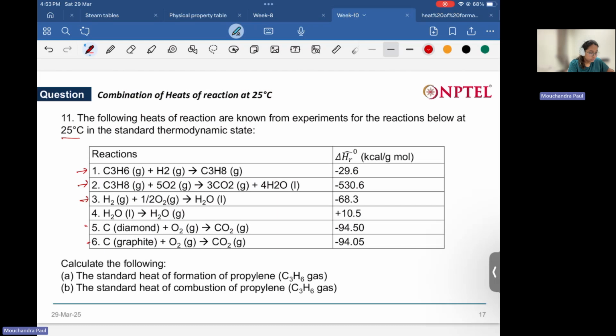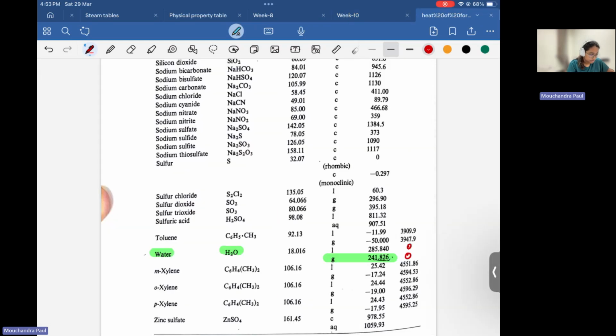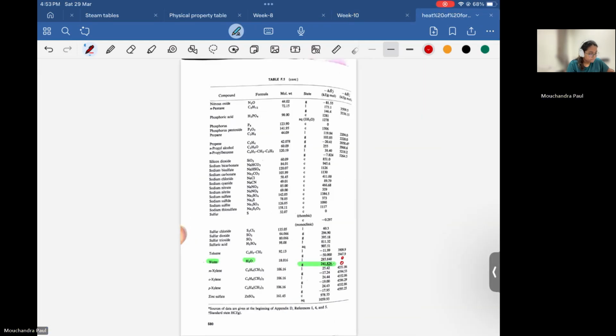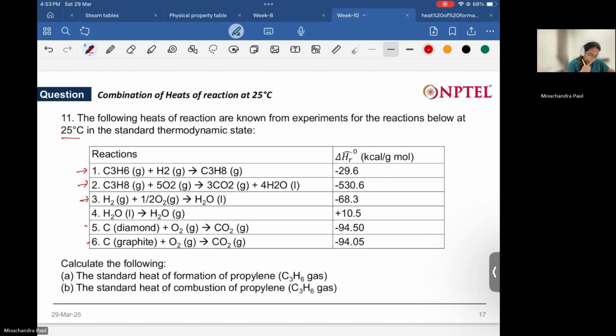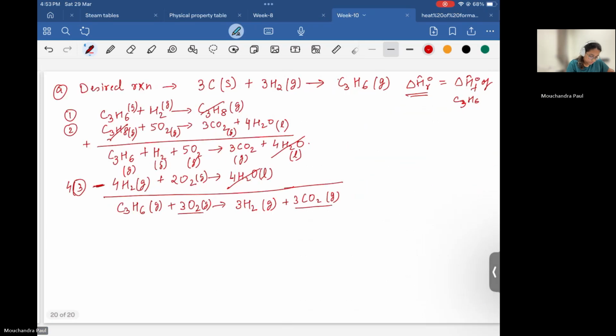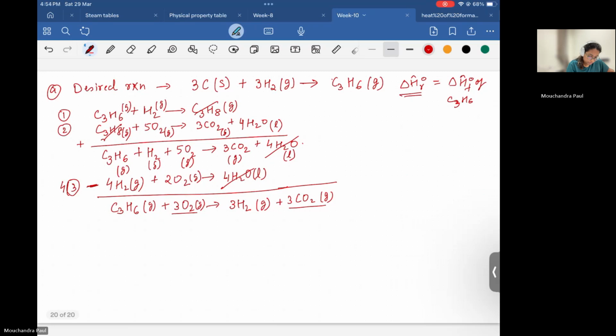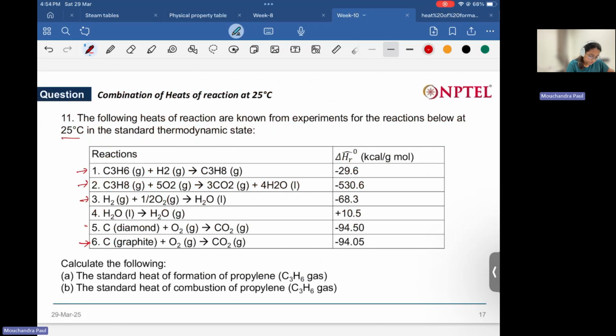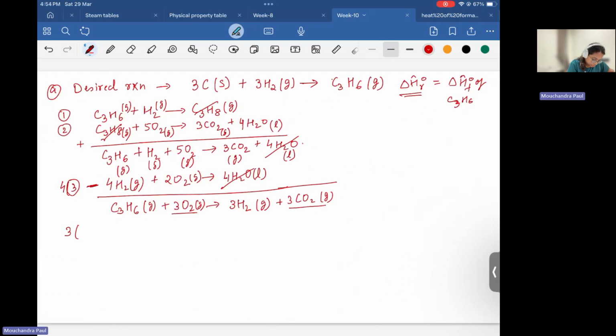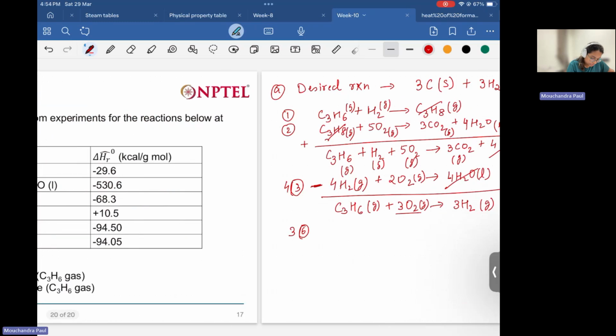So if you look at the table, we can take expression 6 here, all right? And for expression 6, we can multiply this with 3 and subtract it.